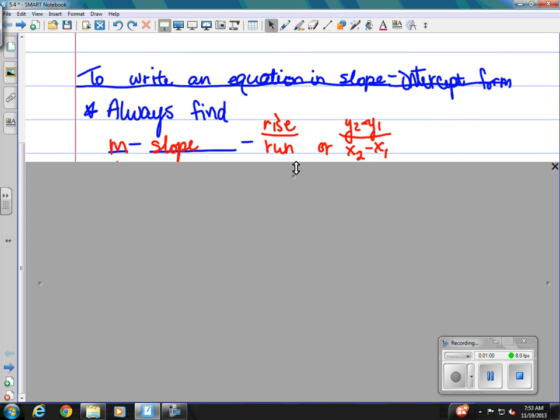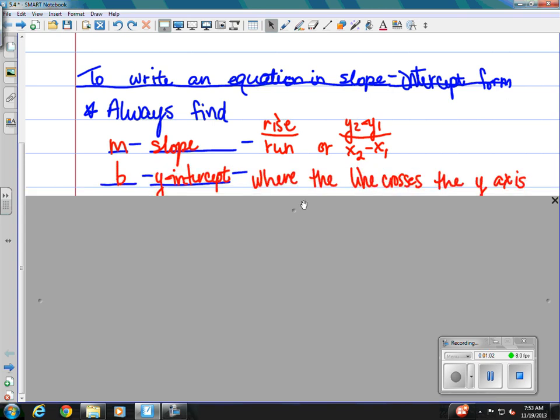The second thing we always have to find is our b, which is our y-intercept, or where the line crosses the y-axis. So if we're looking at a graph again, we're going to look to where the line crosses the y-axis because it's the y-intercept.